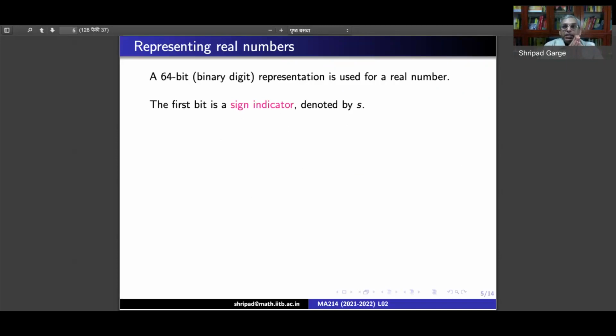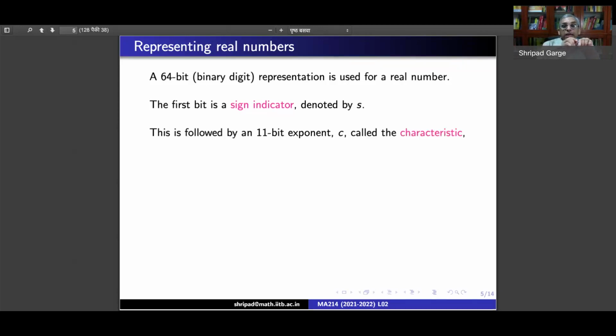If this first bit is 0, then the number that we get is a positive number. If the first bit is 1, then the number that you get is a negative number. So of course for 0 you will have both positive and negative representations. 0 is the only number which will have two possible representations in this way. Okay, so we have the first bit that will give you the sign.